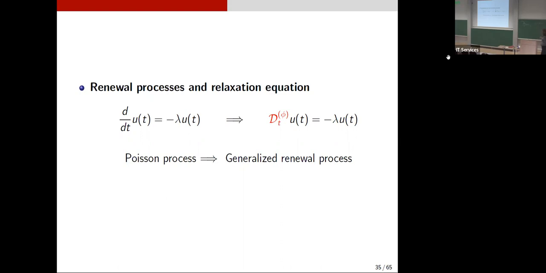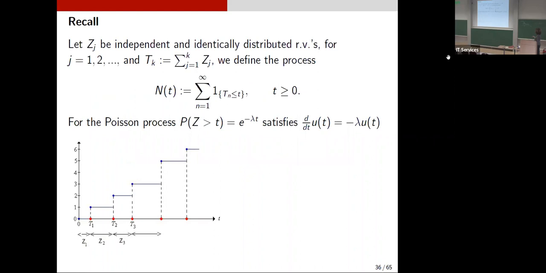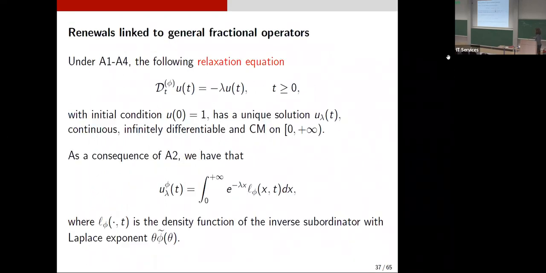And what happens is that we go from the standard setting of the Poisson process to a generalized renewal process. This is just the same slide that I showed before.